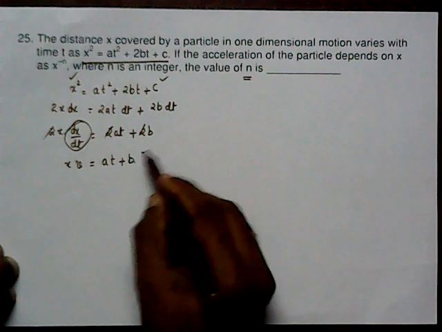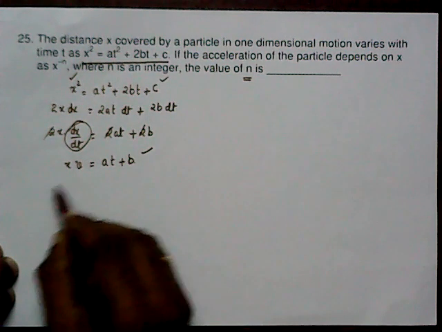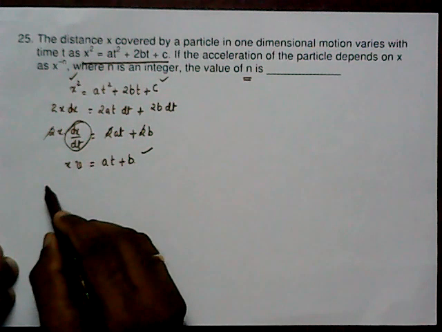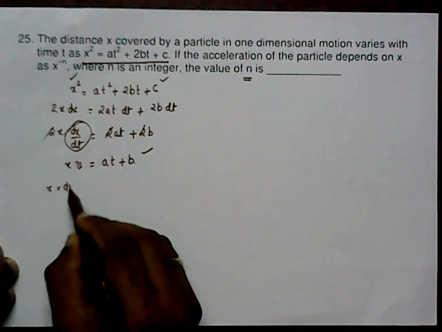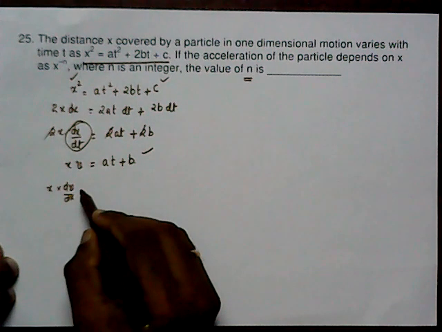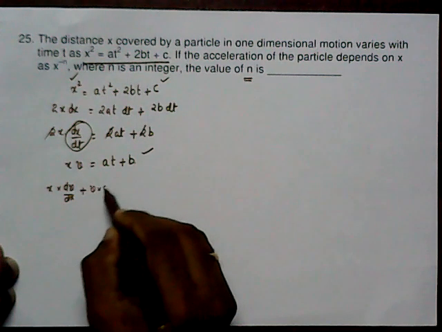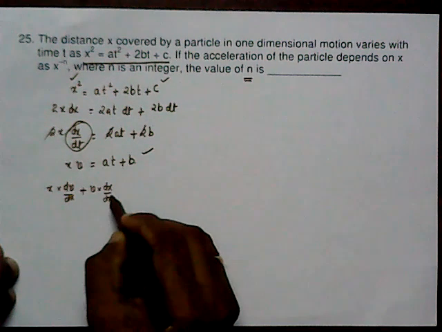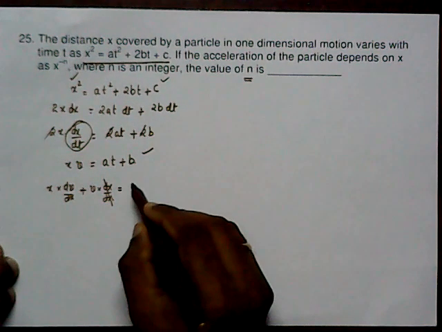So xv is equal to at plus b. We can again just differentiate. So x into dv by dt plus v into dx by dt equal to a.